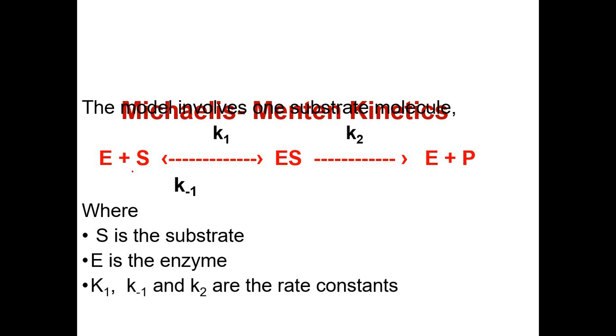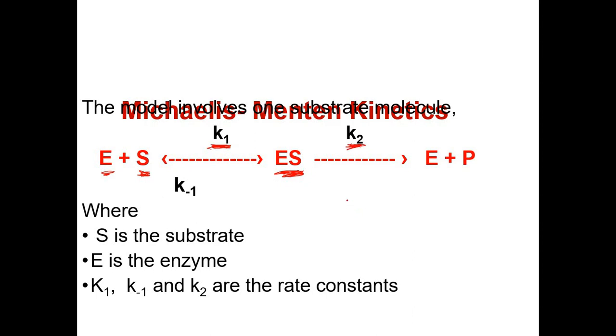So we have a single substrate and an enzyme. Once it forms the enzyme substrate complex, the rate of that reaction is proportional to the rate constant K1. And then, for the second step, the breaking of this ES complex to form E and P, or the enzyme and the product, is proportional to K2.